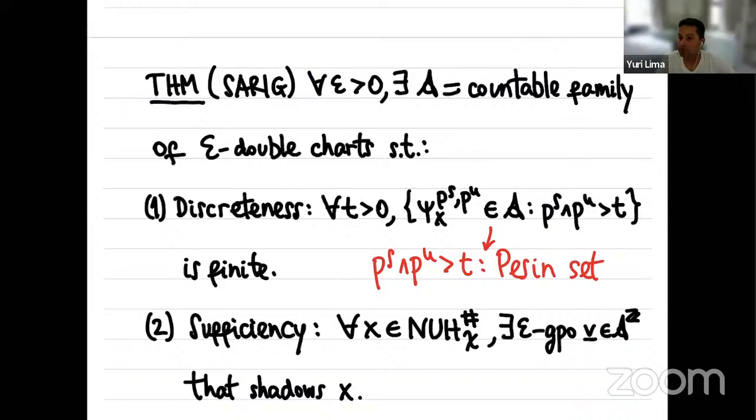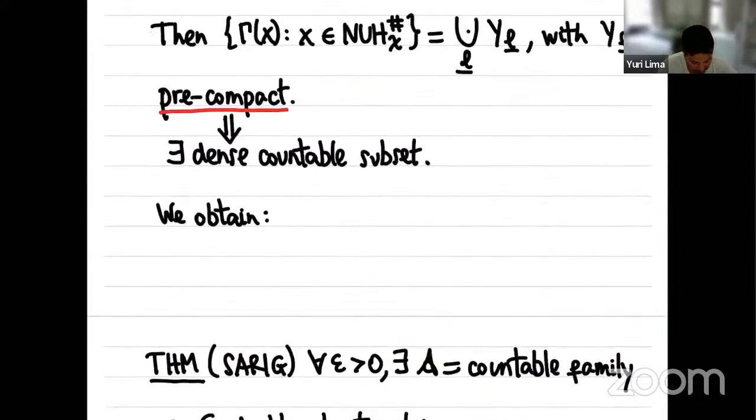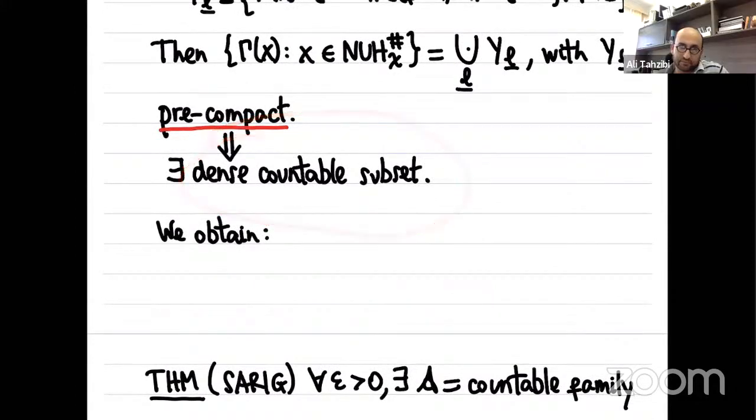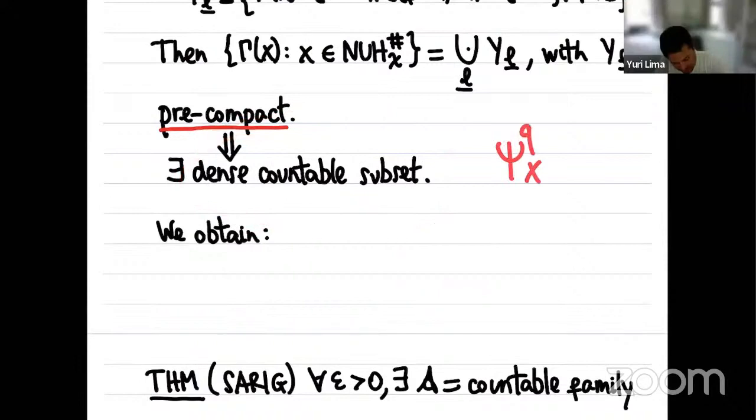Okay. And should you explain to us sometime about sufficiency, or should we read it? It's up to you. But basically, what you need to do is that you get these points of this dense countable subset, and from each of them you have the psi QSX, QUX. So you just have to allow this QS and QU to change a little bit, to vary a little bit.